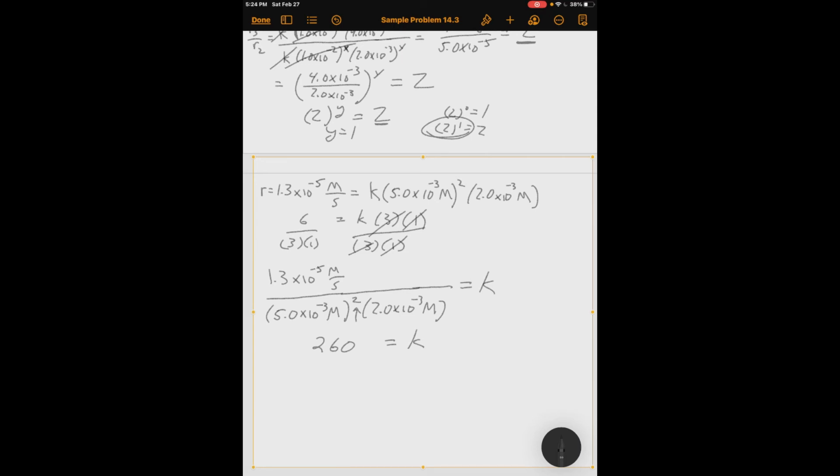What about the units? Oh, the units are complicated here because you have exponents and you've got multiple units that are the same, but it doesn't matter. Here's what I'm going to do. I'm going to break out the units separately. In the numerator, we have molarity over seconds. In the denominator, we have molarity squared. Whatever you do to the number, you do the same thing to the units.